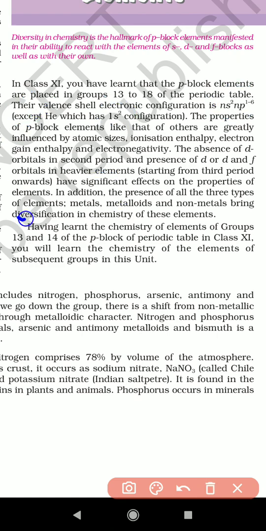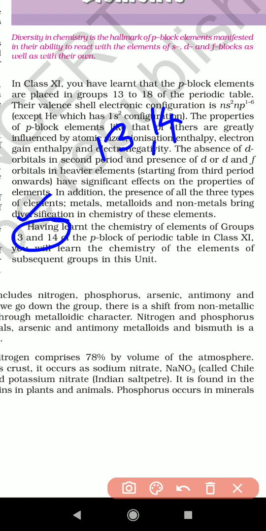Next one, see that. Having learned the chemistry of elements of groups 13 and 14 of the p block of the periodic table in class 11, we already discussed that. In 11th standard, we studied the p block elements, group 13 and group 14.